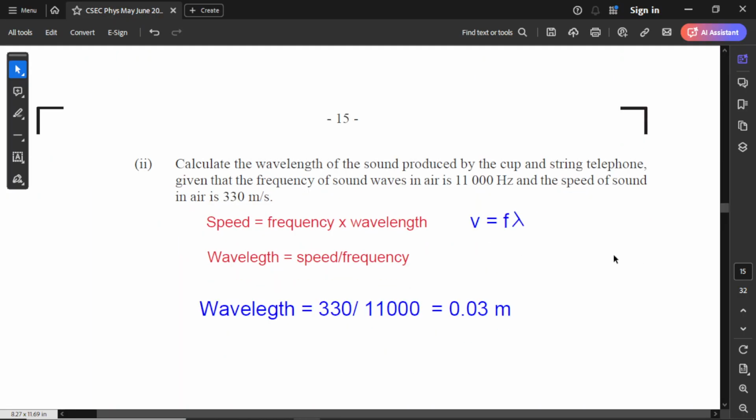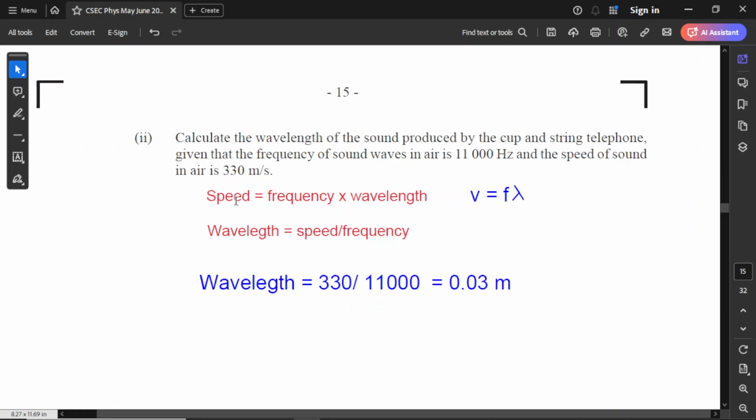For part 2, calculate the wavelength of the sound produced by the cup and string telephone. It's given that the frequency of sound waves in air is 11,000 hertz, and the speed of sound in air is 330 meters per second. So we have the frequency, 11,000, and we have the speed, which is 330.